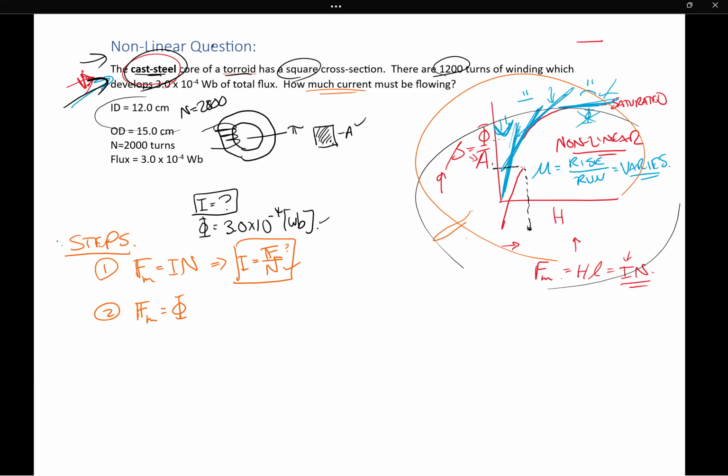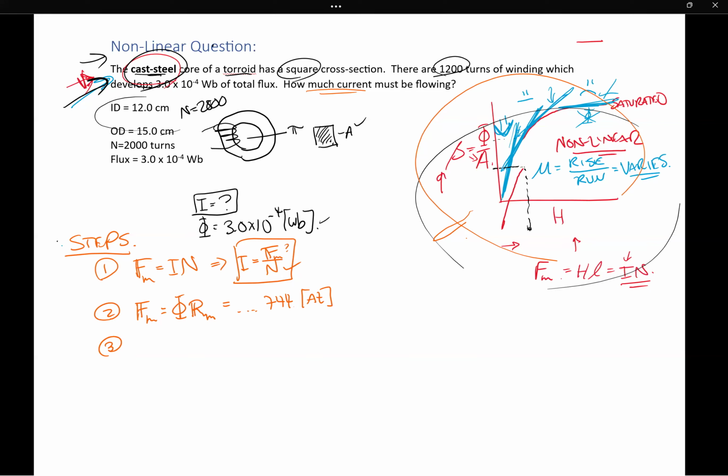It's sort of like voltage and current and resistance in an electric circuit, but it's force and flux and reluctance in a magnetic circuit. So I'm going to use this equation and solve for it. I'm going to substitute in, and if you do, you'll find that this is 744 amp turns.